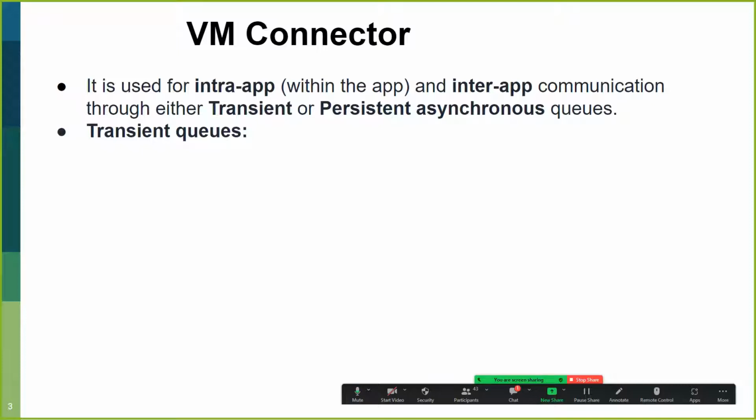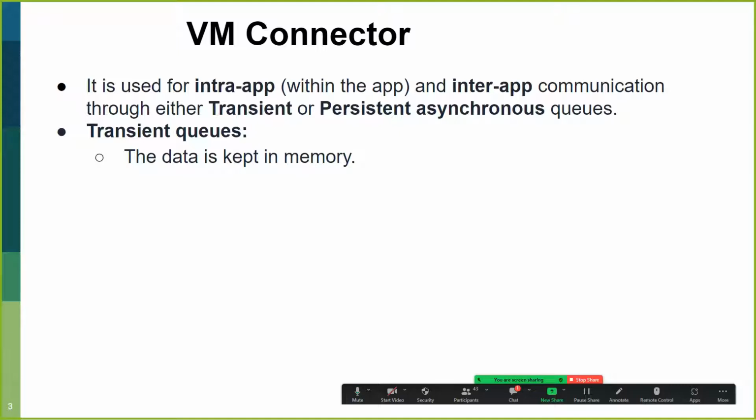What are transient and persistent? When we say transient, the data is kept in memory, like in my laptop, for example. There is memory versus disk. Disk means if I save the data to the computer in a folder, then that data is persisted. It is written to my computer, so even if my computer restarts or I turn it off, my data will be there. However, if it was just in memory, for example, you open some software and load some data, and now the software crashes, the data is lost because it was in memory.